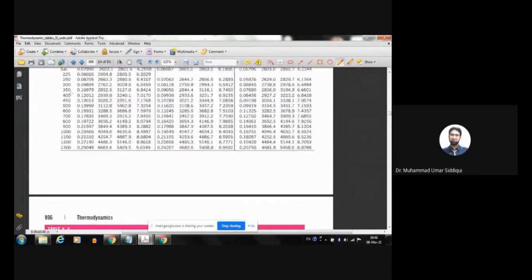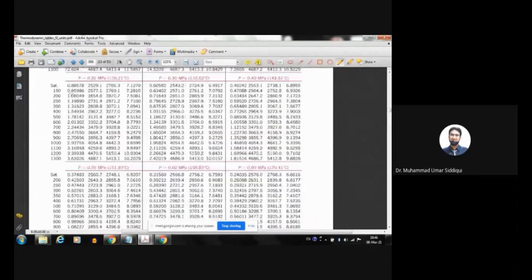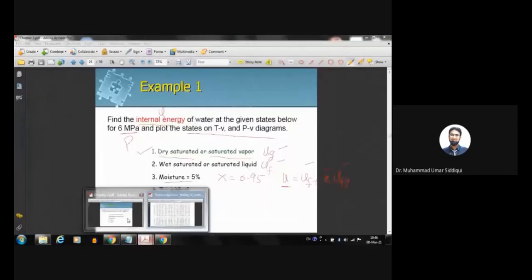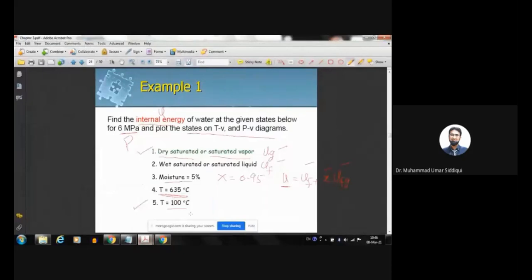Now listen carefully. In the approximate way, let's say that you have finalized, that you made a decision that your property should be in the compressed liquid state. Once you have this, ignore the pressure and use the temperature value, enter into the saturated table and get the F value for that temperature, and that will be the approximate compressed liquid value.